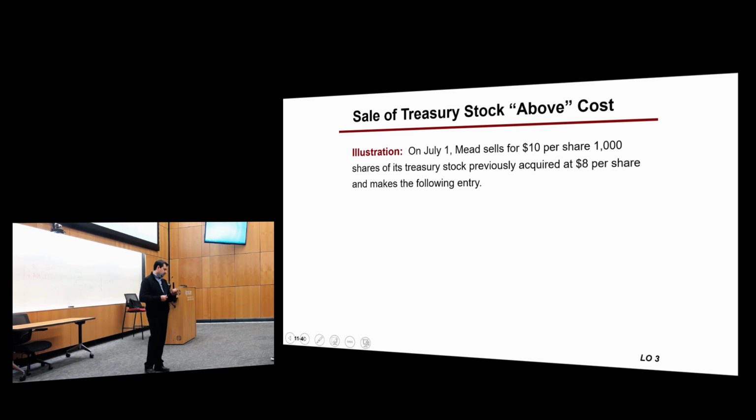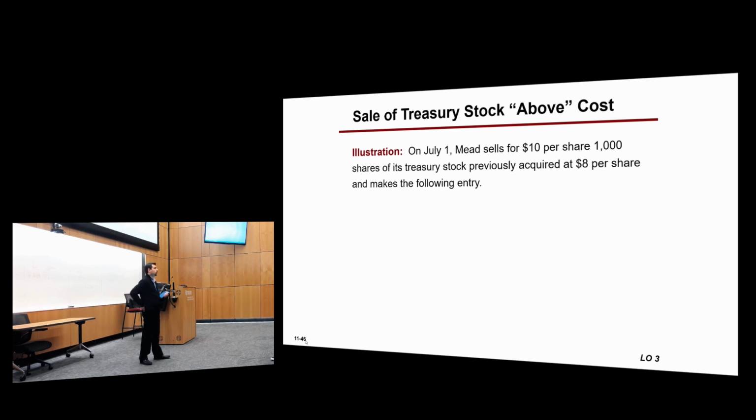On July 1st, Meat sells for $10 per share. Is it below cost or above cost? Above cost. The cost to them was $8 per treasury share. Now they're selling it for $10. So Meat sells 1,000 shares of its treasury stock previously acquired at $8 per share.